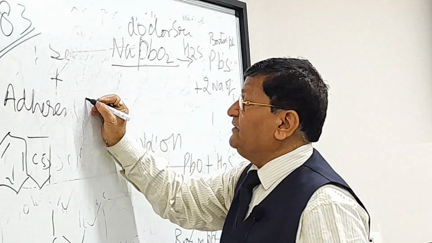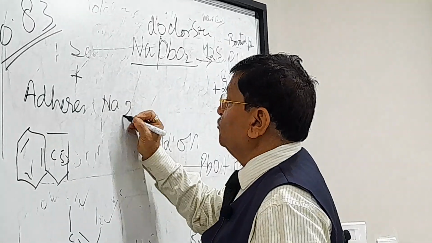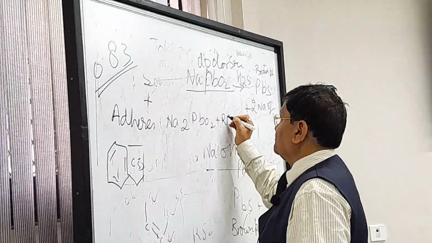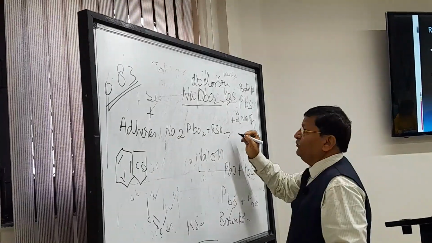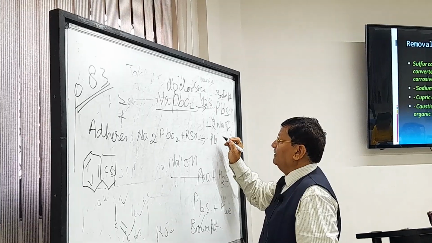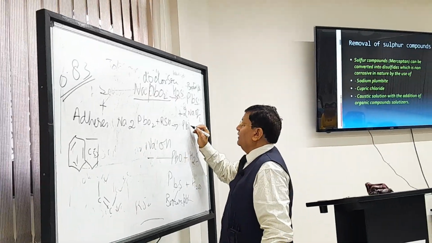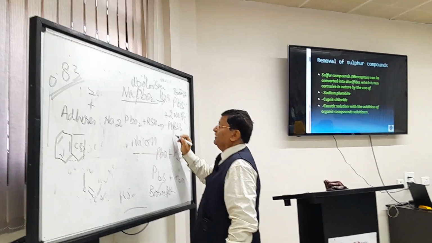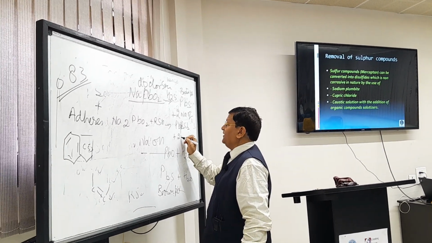Same will react with the mercaptan. Na2PbO2 plus RSH. It will form you Pb(RS)2 plus 2NaOH.